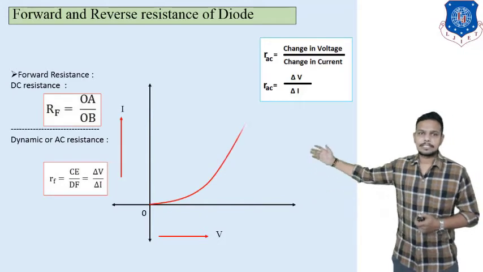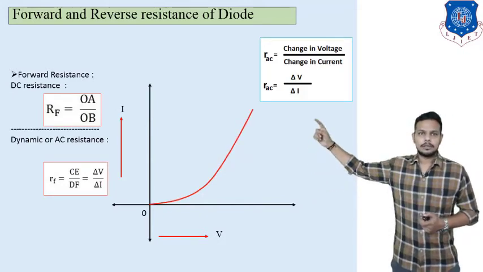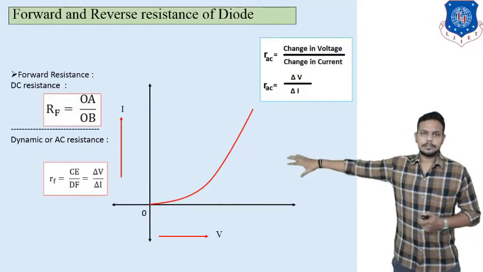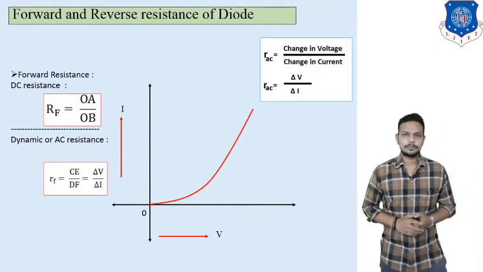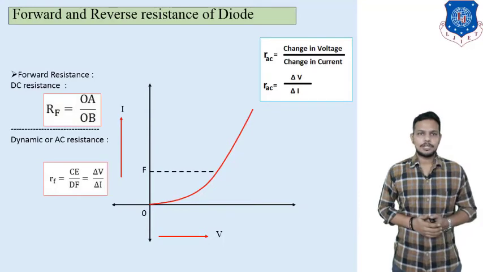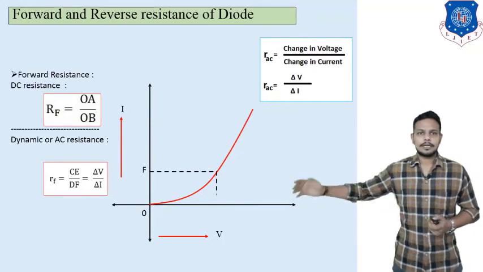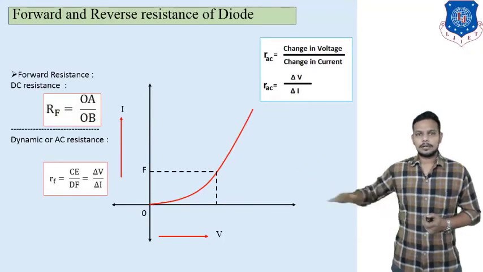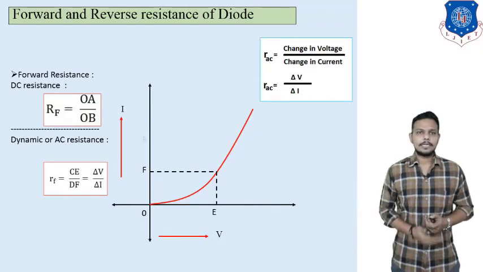As we have seen in the VI characteristics, this is known as the forward region. Let's make a point on the forward region. This is the F point, and here on the x-axis this is the E point.